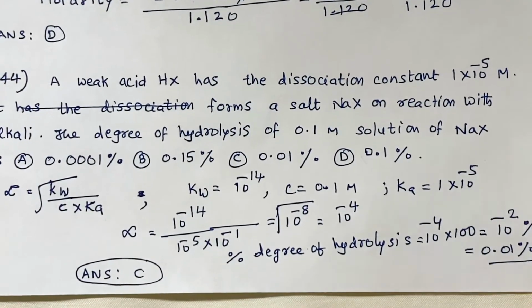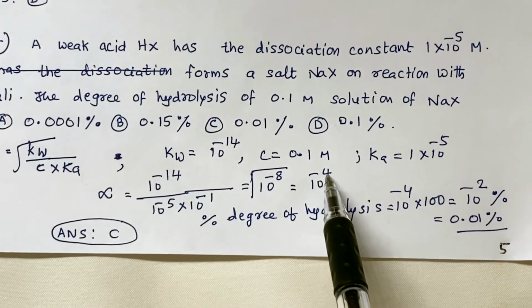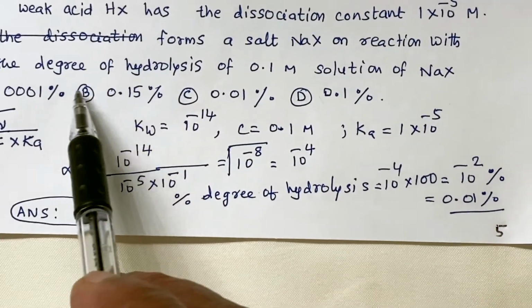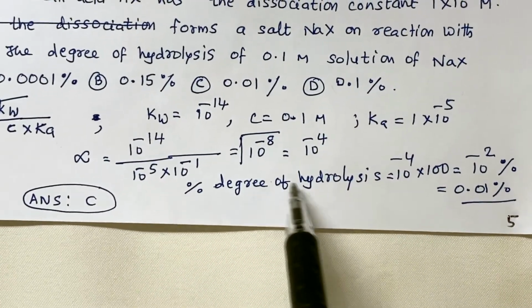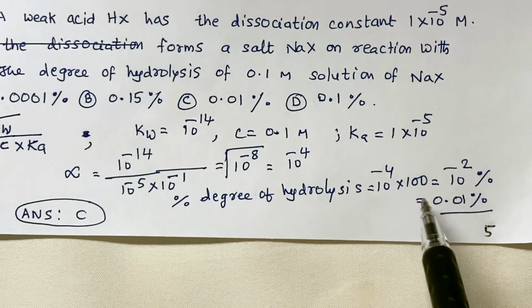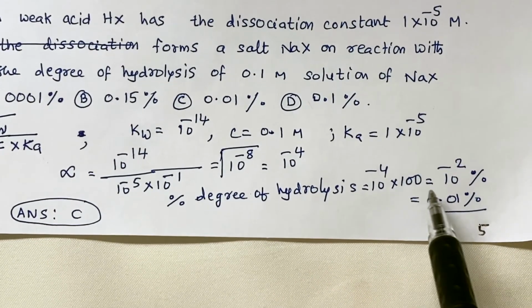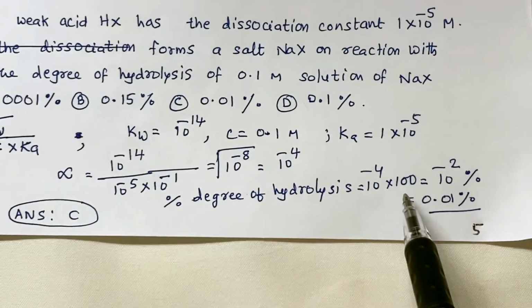So if you solve it, alpha is coming 10 to the power of minus 4. But in this one he has given the percentage degree of hydrolysis. So 10 to the power of minus 4, we have to multiply with 100.